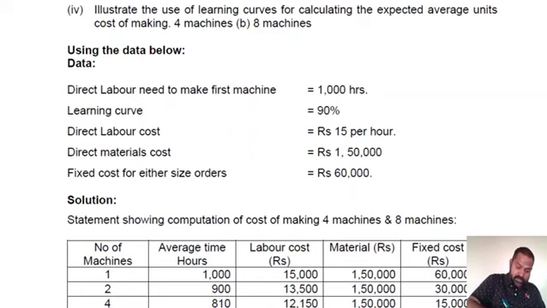Labor cost is rupees 15 per hour. Direct material is 1,50,000 rupees per unit, and fixed cost for either size of the order. So whether you order 4 units or you order 8 units, could be that this is a transportation cost.